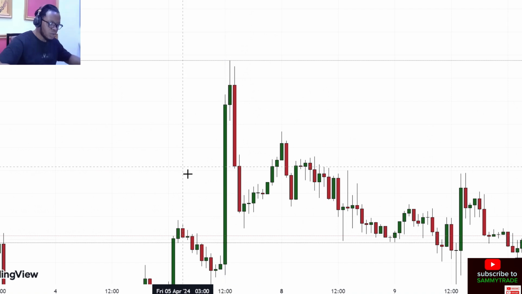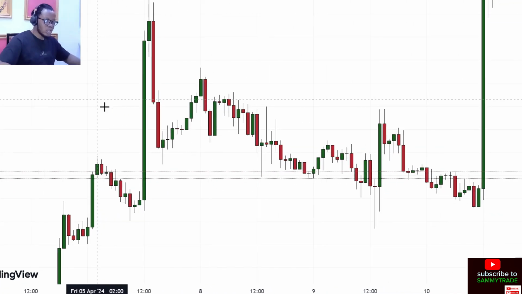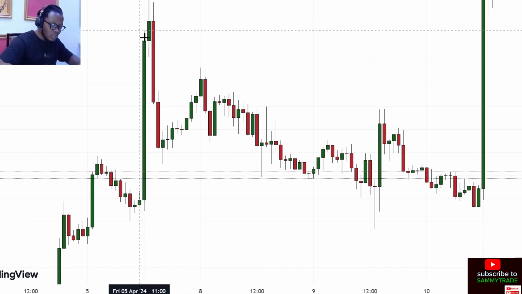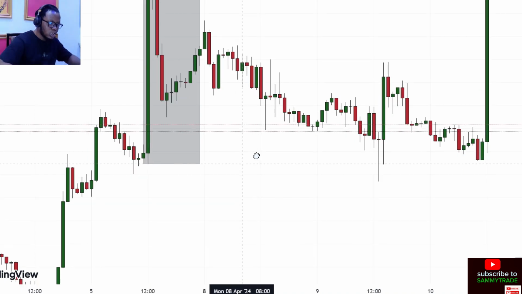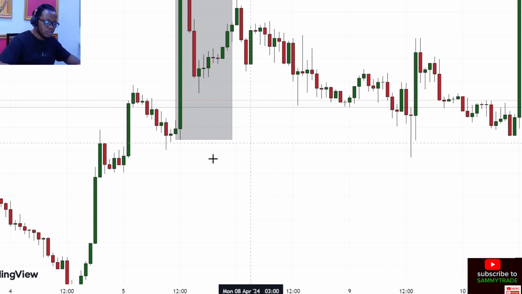Now, for you to know the one that price is most likely to retrace to, this is what you will do. Like I said, you drop from the higher wick to the lower wick of that candlestick.